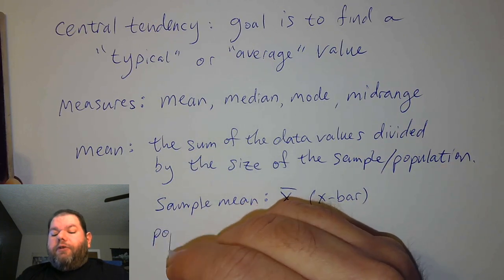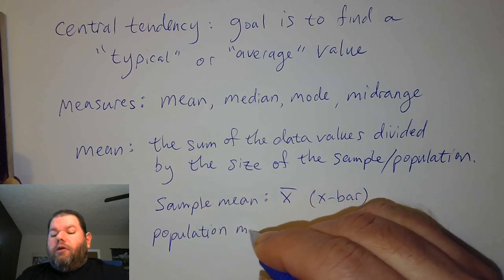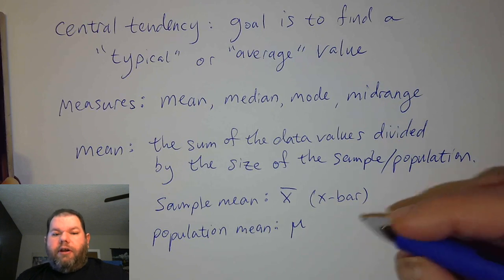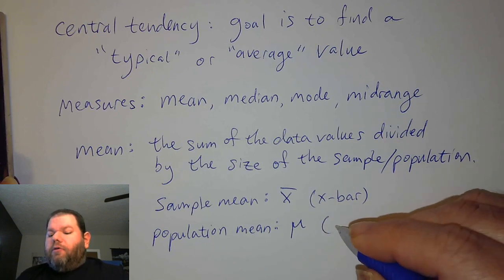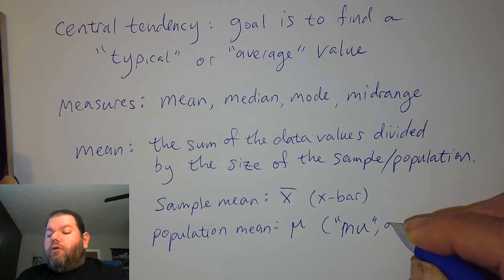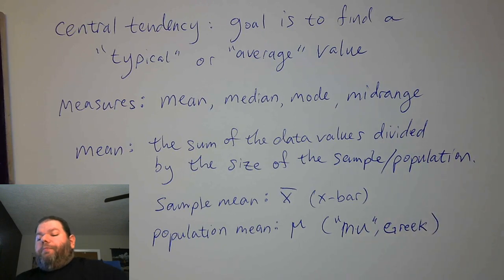And if we refer to the population mean, then we'll use the Greek character mu. It could be capitalized here, sorry. We use the Greek character mu to represent the population mean.